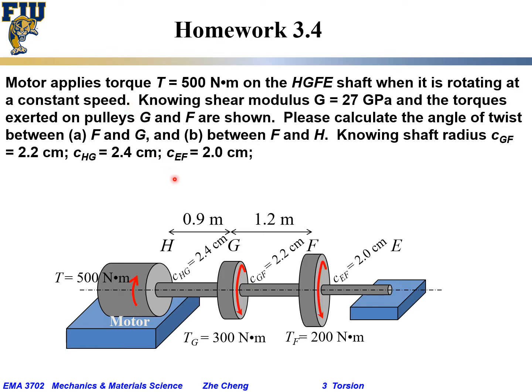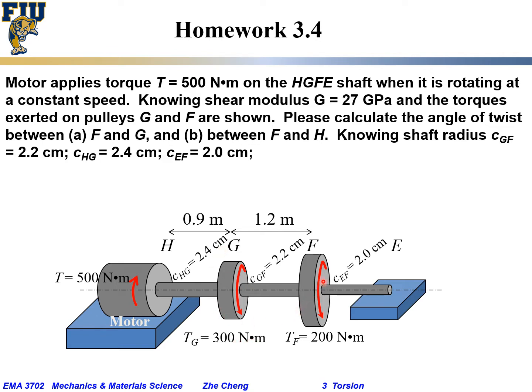Knowing the shear modulus G is 27 gigapascals, and the torques on the pulleys G and F are shown. So the motor is applying a torque of 500 Newton meters, while the torque at pulley or gear G would be 300 Newton meters. It goes the other way.